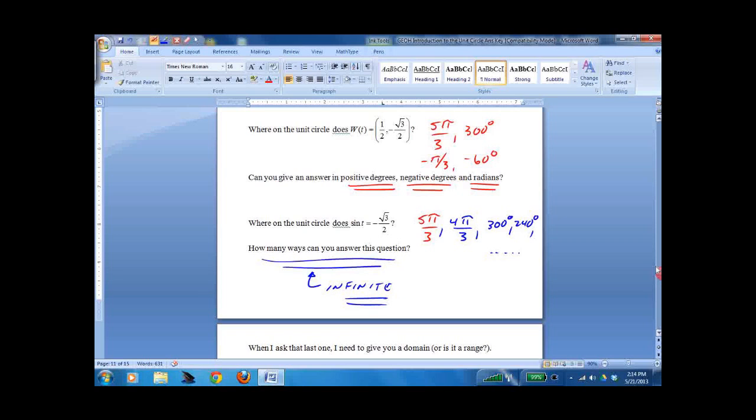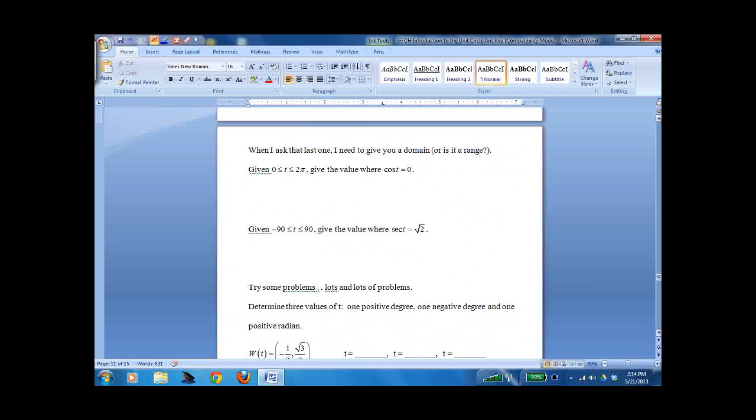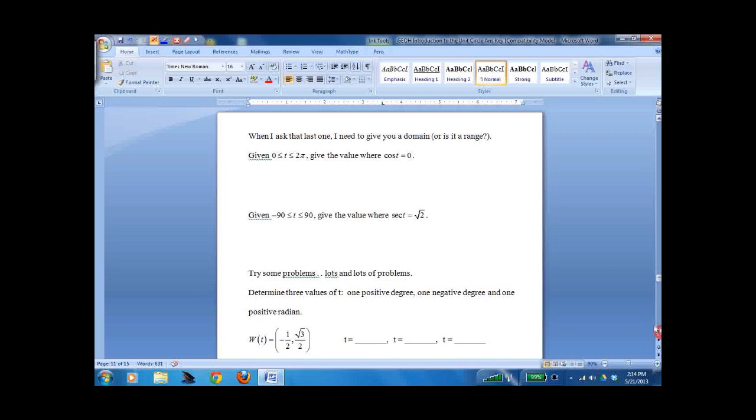So when you get that question, you need to get a domain. You can't just say, oh, anything. And the domain tells us two things: where to look for the answers and what form to give the answer in. Hopefully you have a unit circle in front of you, because I'm going to go off the top of my head. Cosine equals 0 at 90 degrees and 270 degrees.